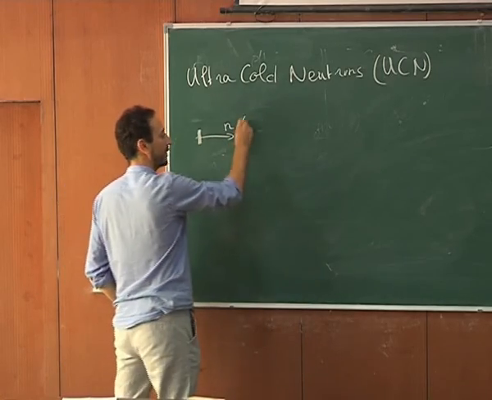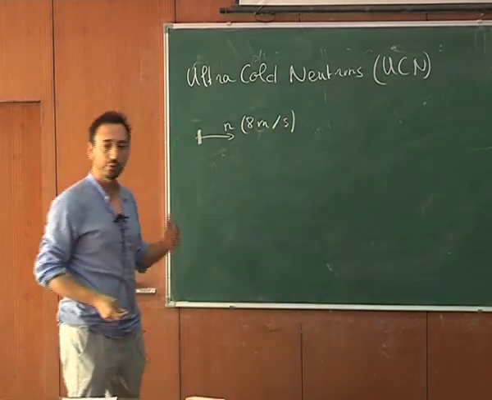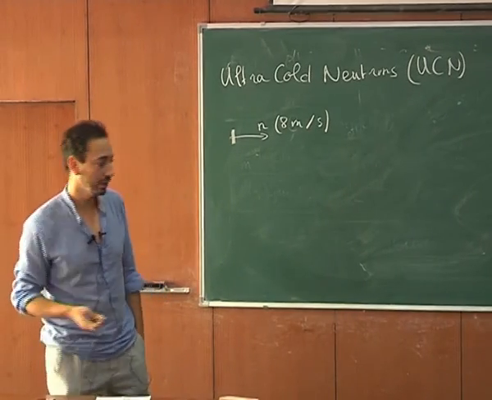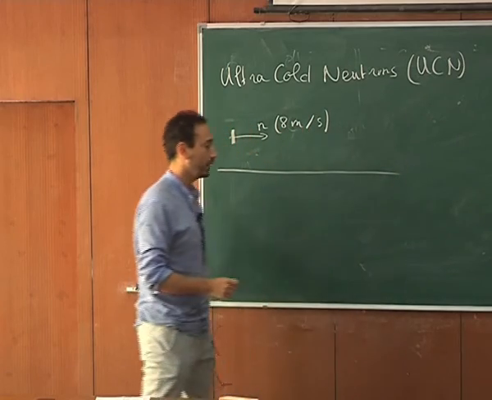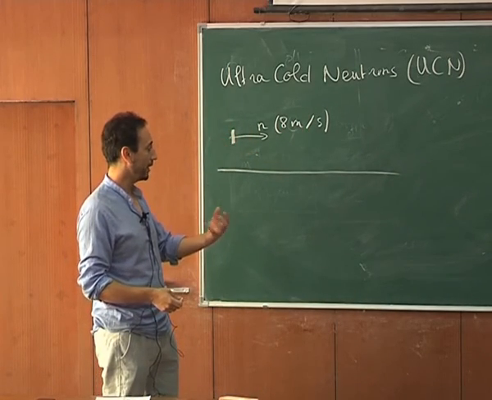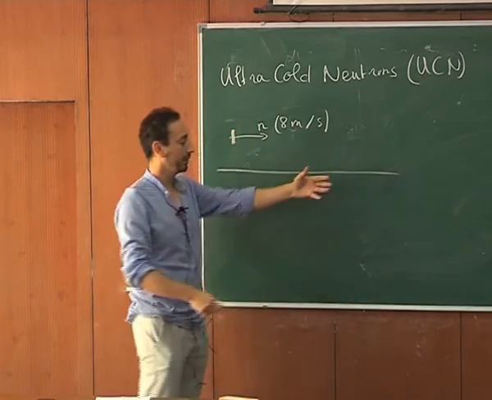Actually, you can reach something like 8 meters per second. So these will be very slow neutrons. If you throw them, they will behave like some sort of balls, and they will start feeling gravity. If they pass very fast, then they don't feel gravity.